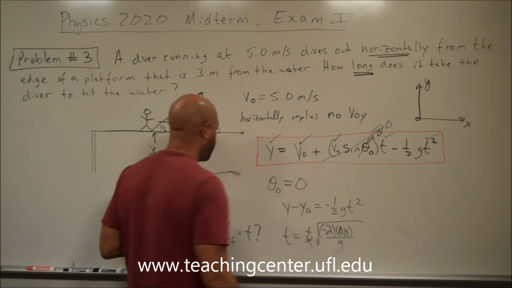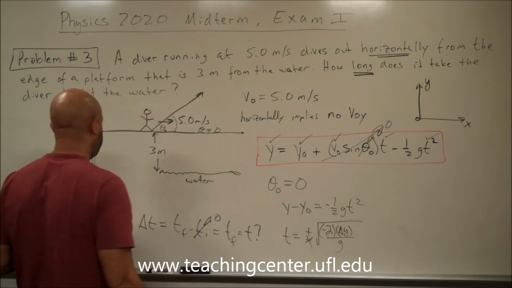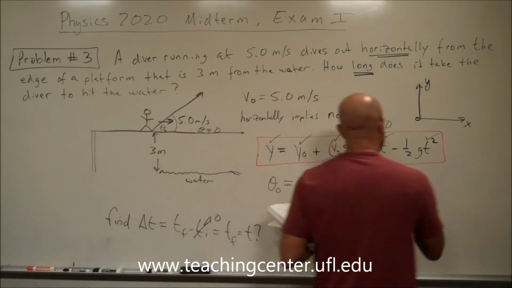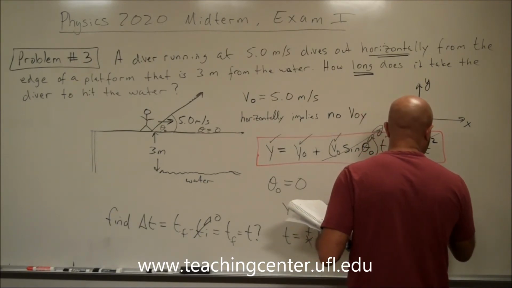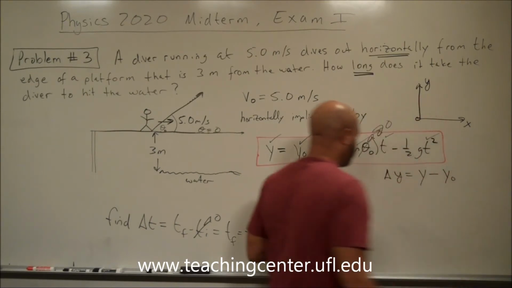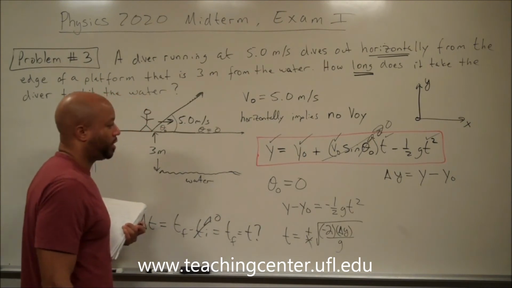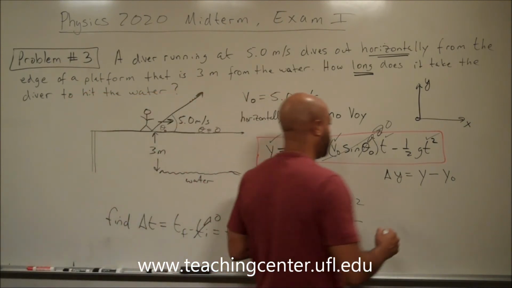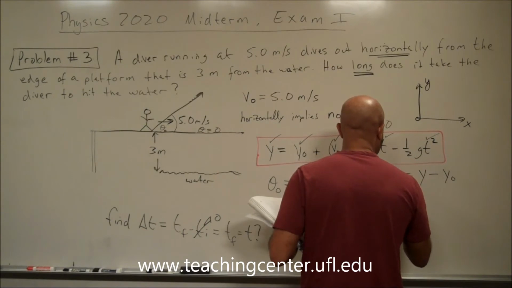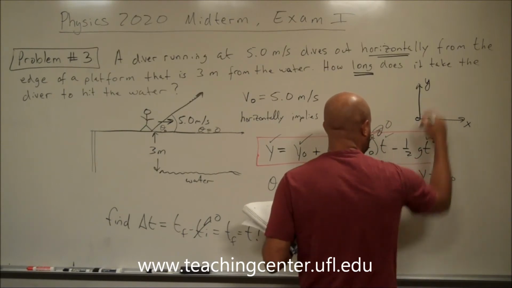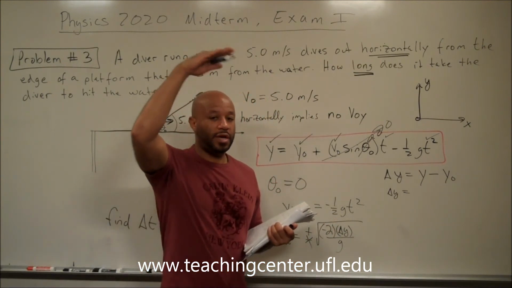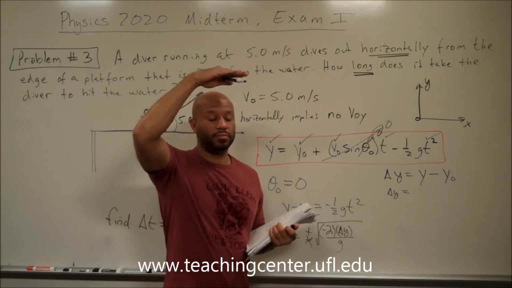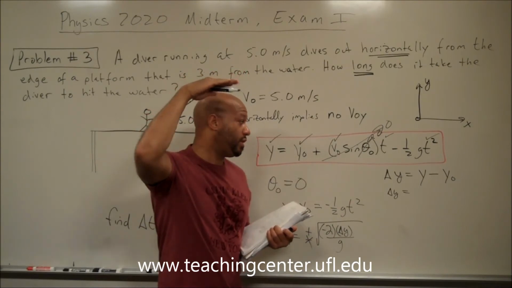If we look at delta y, it is defined as your final y minus your initial y. Using our coordinate system, if the diver starts at a height of 3 meters, that's the initial y.